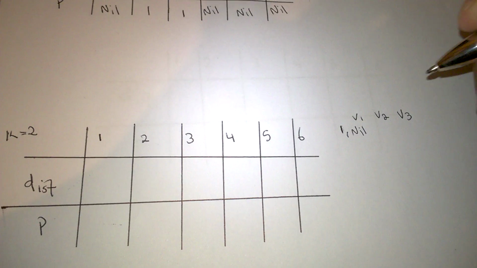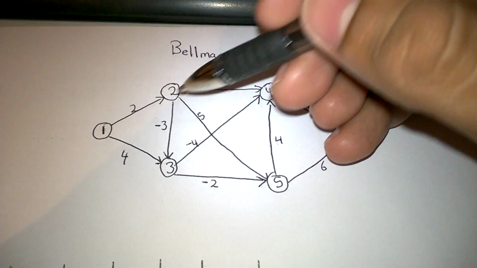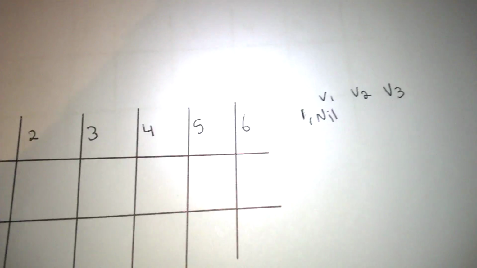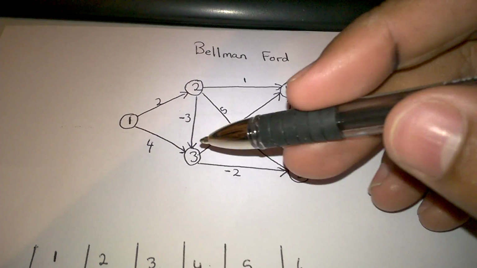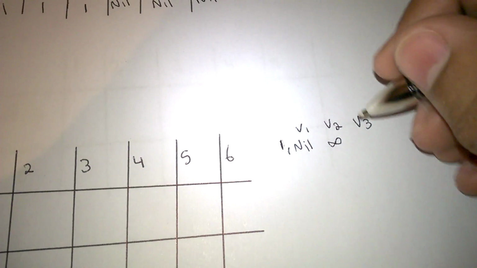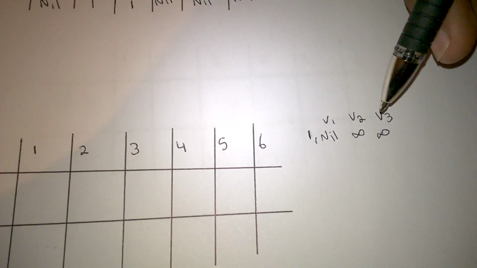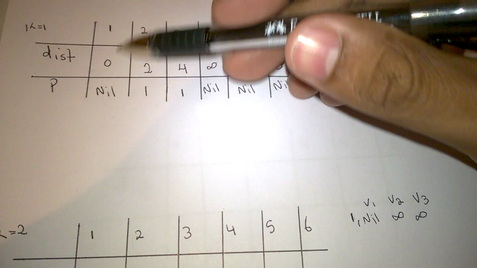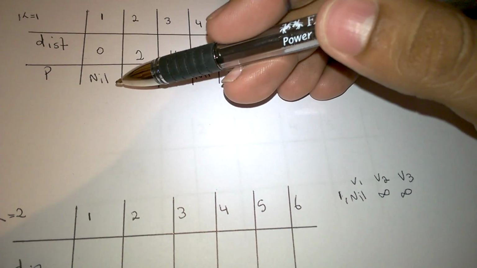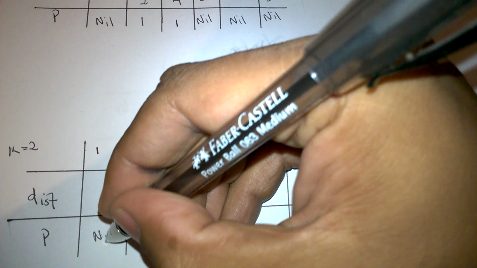To reach 1 from vertex 2, we cannot, so we put infinity. We cannot reach 1 from vertex 3 either, so we put infinity. Since the smallest value here is infinity, we're going to take back the one that we had from up here, which is 0, so 0 and nil.